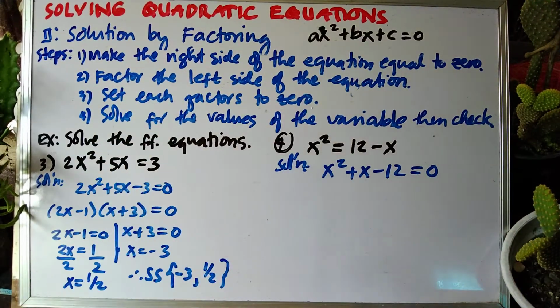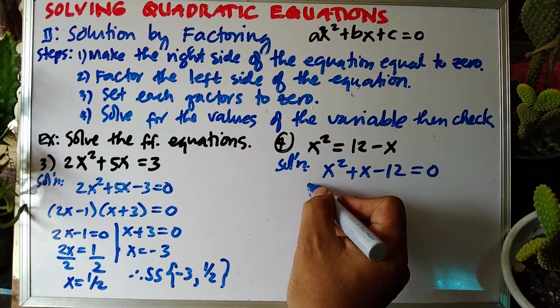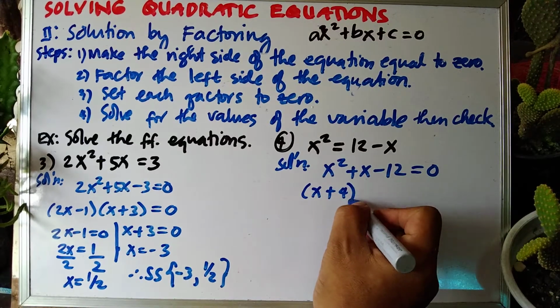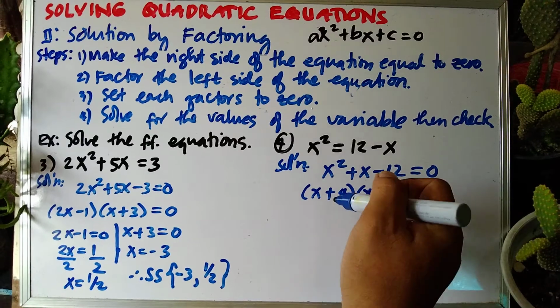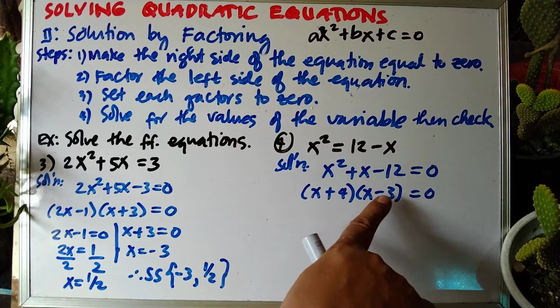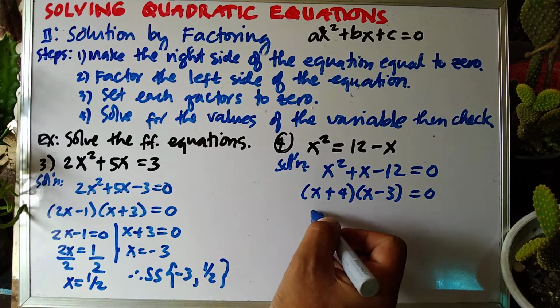Step 2, factor. So, find the factors of negative 12. You could have x plus 4, x minus 3 is equal to 0. Because 4 times negative 3 is negative 12. 4 minus 3 is 1. Correct?